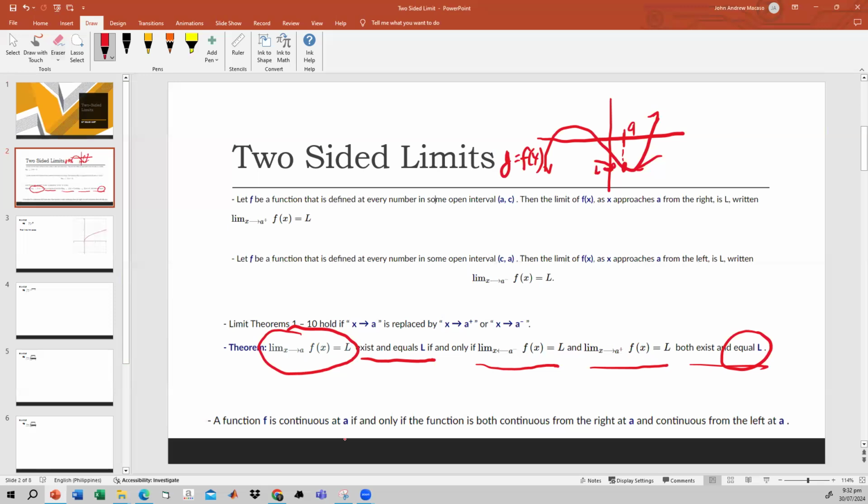So in this given function at a, we can say that the limit of the function exists at a, since the limit from the left exists, the limit from the right exists as well, and they are both equal to L. Okay, so that's how we do it if we have a graph. You just need to observe.